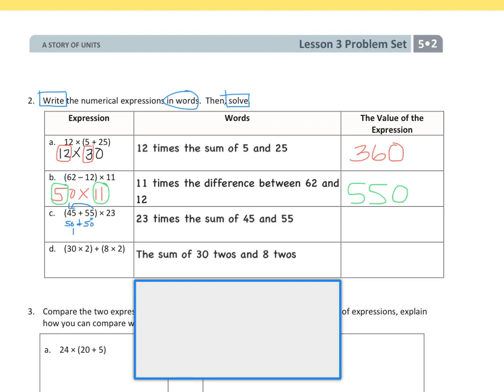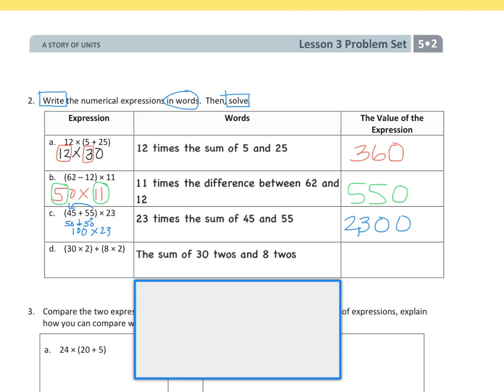So I quickly found out that 45 plus 55 equals 100, and then I'm going to multiply it by 23. So 100 times 23 means 23 is going to get 100 times bigger. That means 23 is going to move 2 spots on the place value chart. And that means we're going to be adding 2 zeros to the end, and gives us the answer of 2,300.